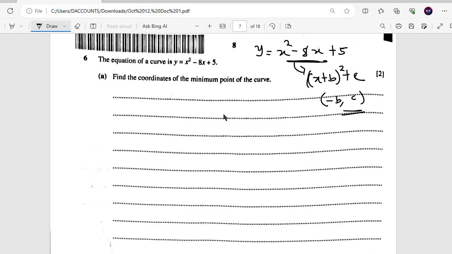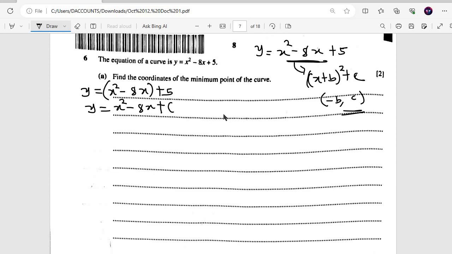The minimum point is also called the stationary point or the vertex. Now, since y is x squared minus 8x plus 5, to take it to that form, what you need to do is x squared minus 8x. Half of the coefficient of x is minus 4.